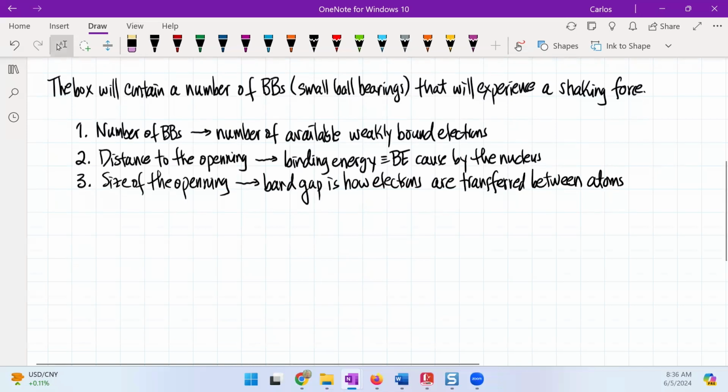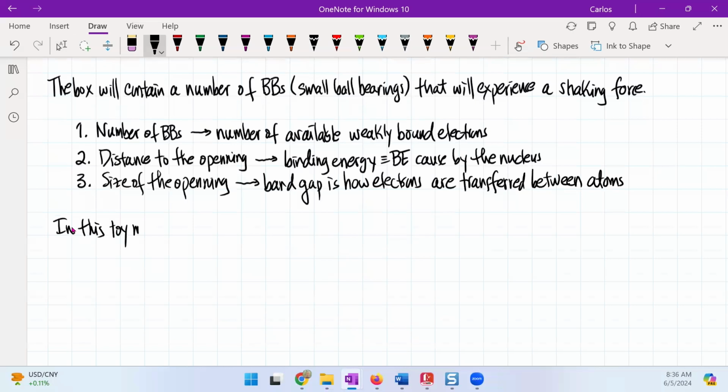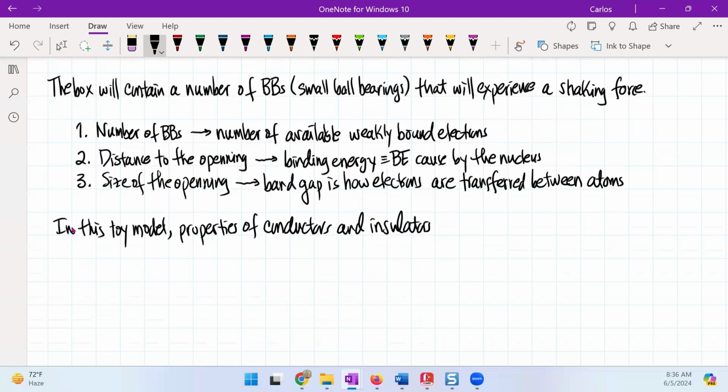So in this toy model, the properties of conductors and insulators are as follows.